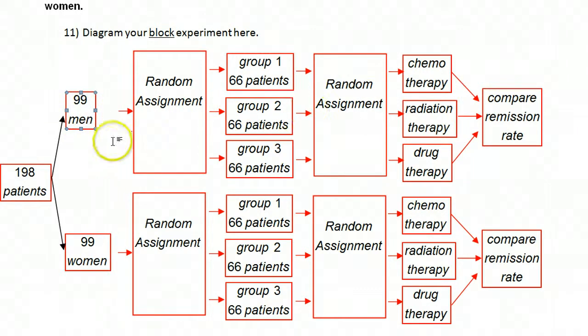As I look at the experiment that we're going to do with the men, which we just cut and pasted from above, all that's going to change is the numbers. So we have 99 men, and 3 different groups because of the 3 different therapies. 99 divided by 3 is 33.